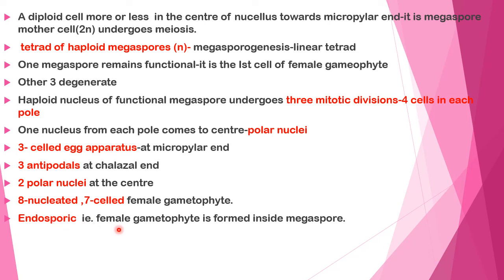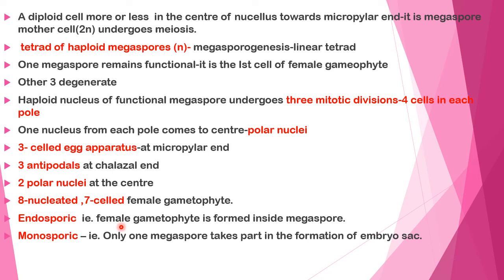And another term here: endosporic. The development of the female gametophyte takes place within the megaspore, so it is endosporic, inside the megaspore. Now one more term, monosporic.